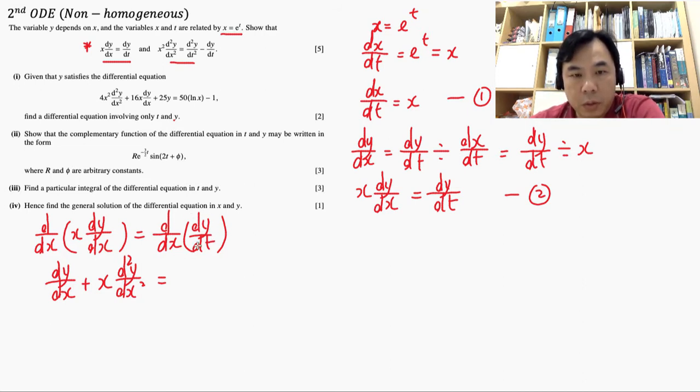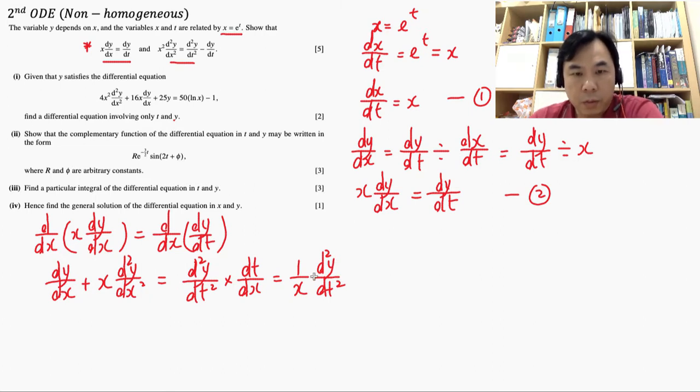So if I were to differentiate this, it should be d2y/dt squared multiplied with dt/dx here. And then I know that dt/dx is actually 1 over x. So this part I can write as 1 over x d2y/dt squared.